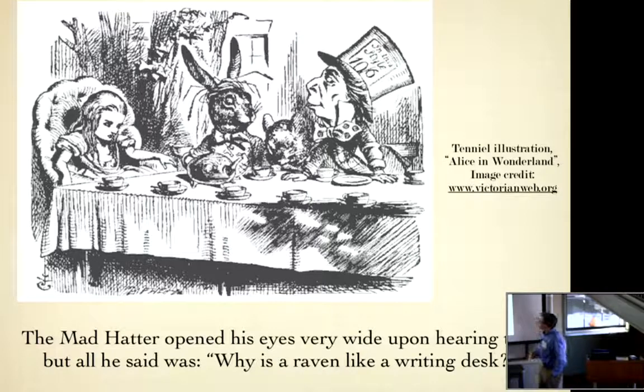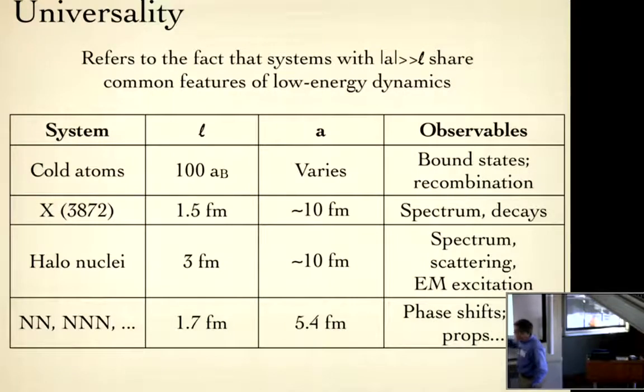Right? So the question that I wanted to start with when I started working in this field is, why are these diverse systems like one another? So the diverse systems are cold atoms, which we've heard a lot about this last few days, few-nucleon systems, which I will allude to briefly without spending very much time on, halo nuclei.